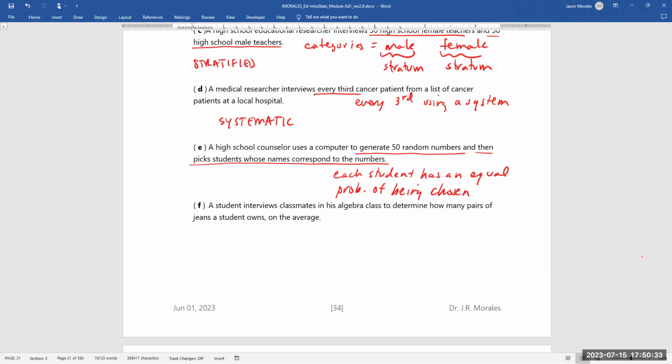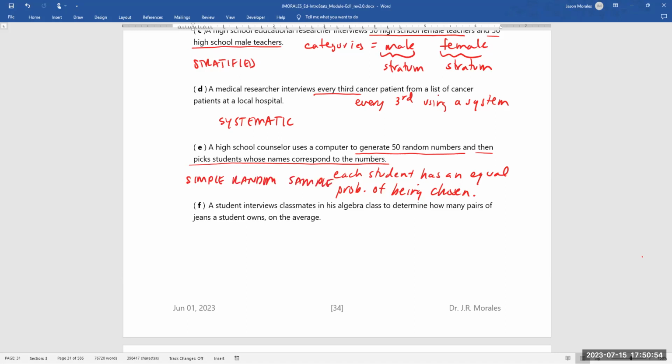And so not only was the choosing done randomly, but each student has an equal probability of being chosen. So that makes it a simple random sample.